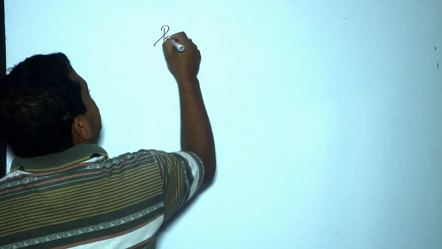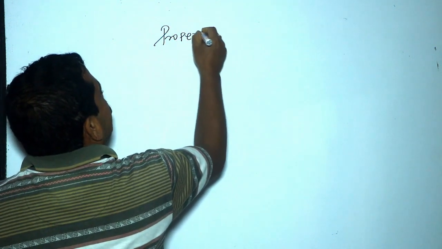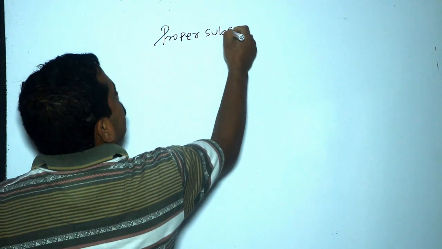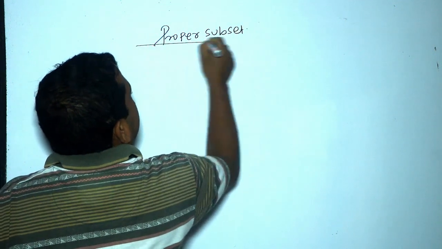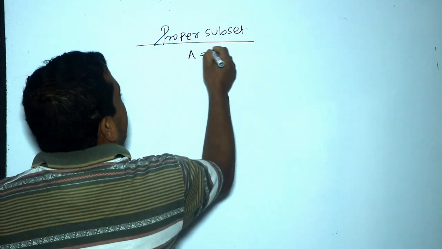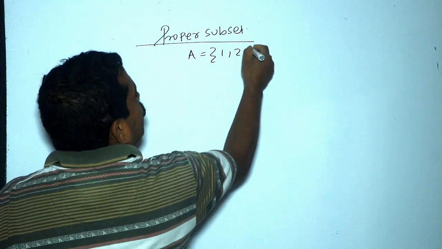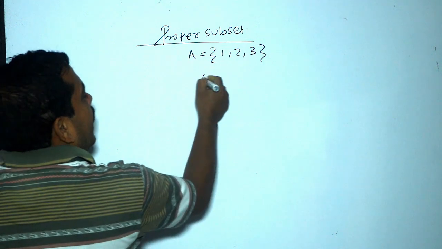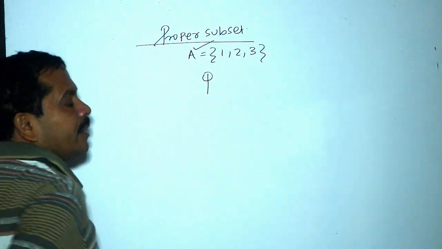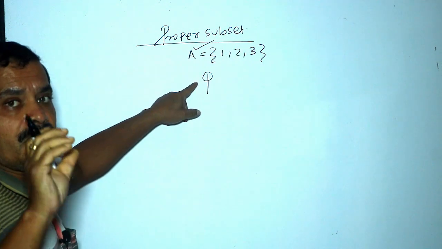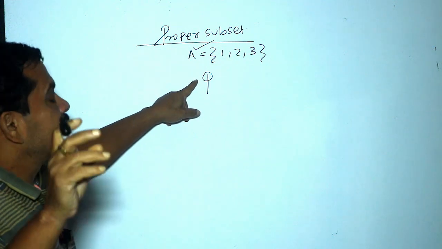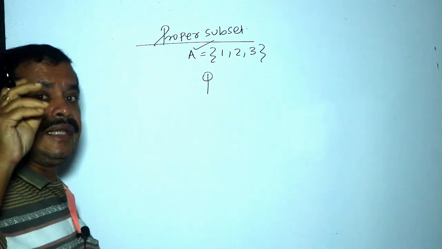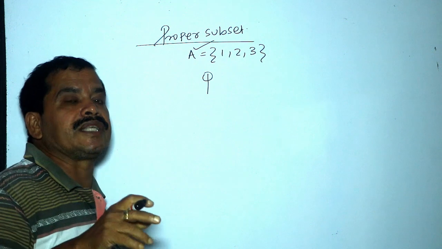Then proper subset. Suppose A contains elements 1, 2, 3. Then phi is a proper subset of A, because phi is a subset of every set. Null set is a subset of every set, and each set is a subset of itself.